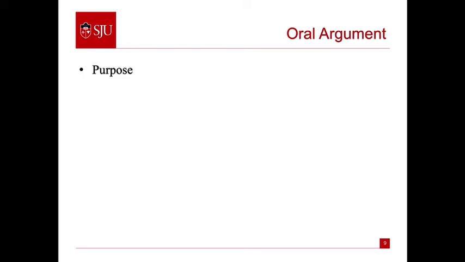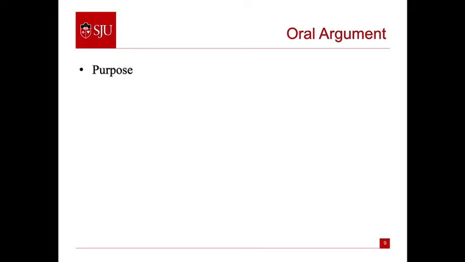Remember that an oral argument takes place after full briefing. After the petitioner has filed their brief, the respondent has filed their brief, and the petitioner has filed a reply brief, there's been full written briefing of the issue already, and the judges and their law clerks have had those briefs for some time before the oral argument takes place.